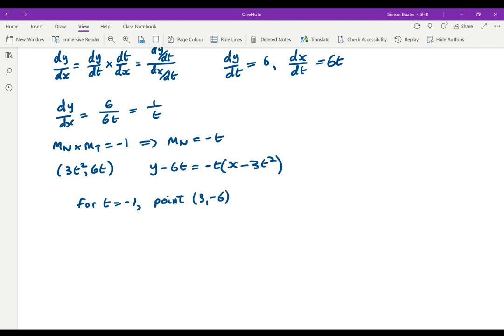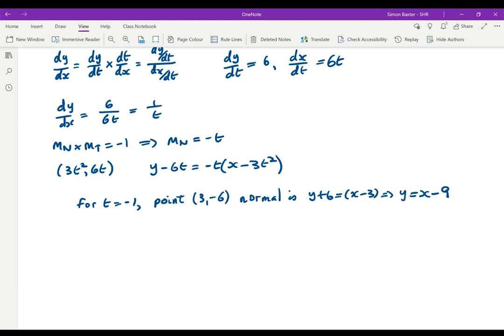And when t is minus 1, the normal is y plus 6 is minus t, which is 1, times x minus 3t squared, which is 3. So that is the same as y equals x minus 9. So we have a way of finding the normal at any point.